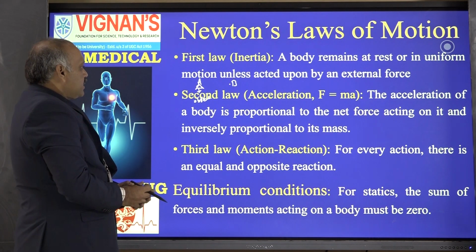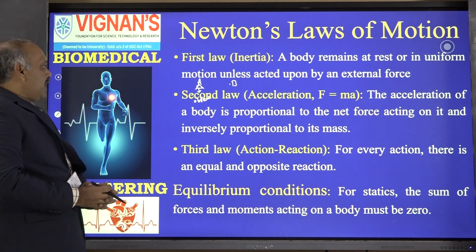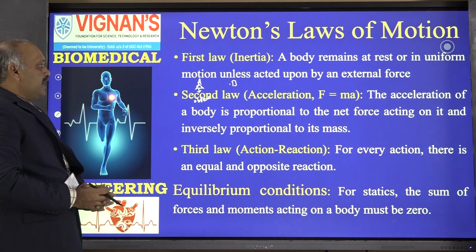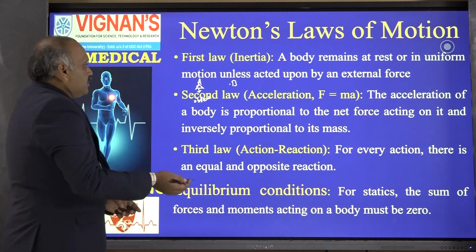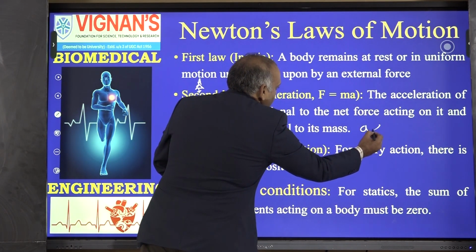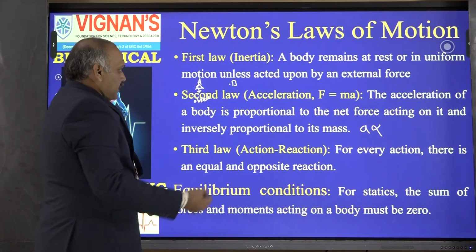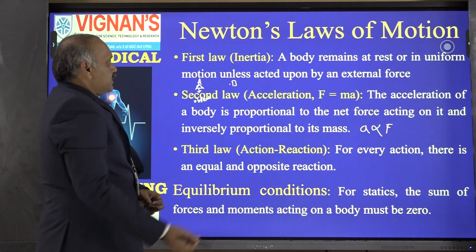And the second law is called the law of acceleration. The acceleration of the body is proportional to the net force acting on it and inversely proportional to its mass. So F = ma. According to this, A is directly proportional to the net force acting on the body. How do we get the second part?